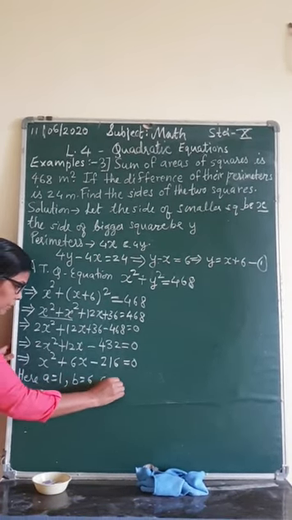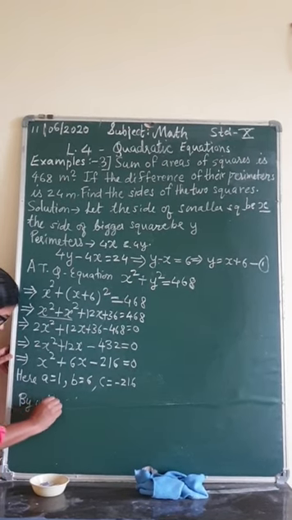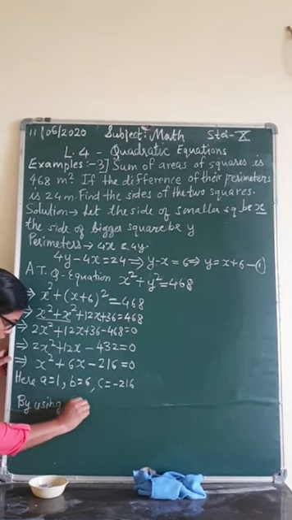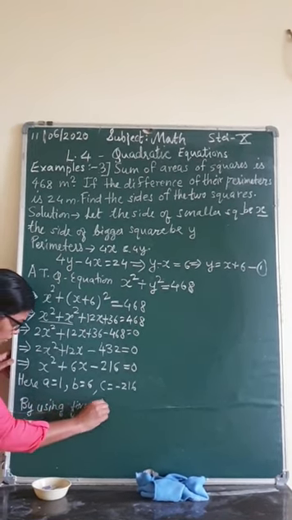And now by using the quadratic formula, x is equal to minus b plus or minus square root b square minus 4ac upon 2a.